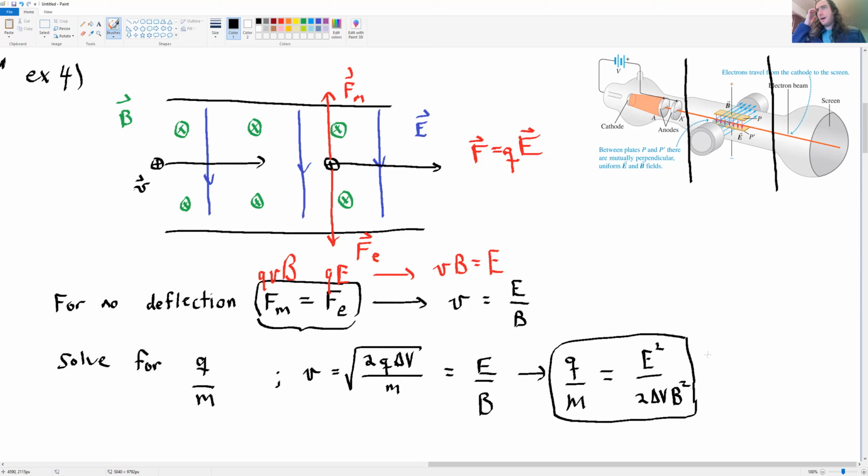And so this kind of device here is what we call a velocity selector.